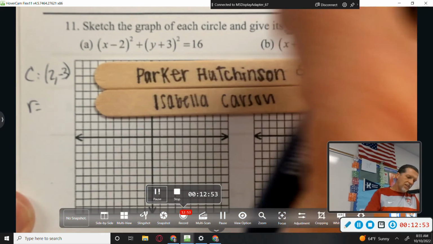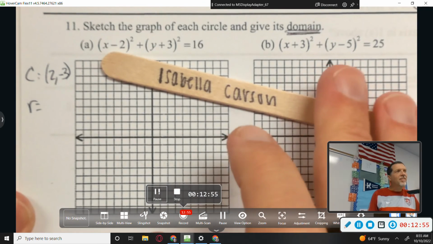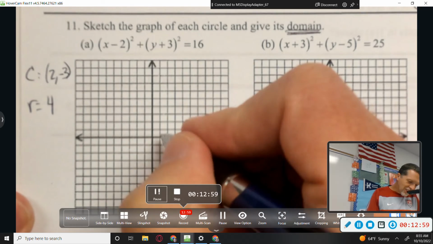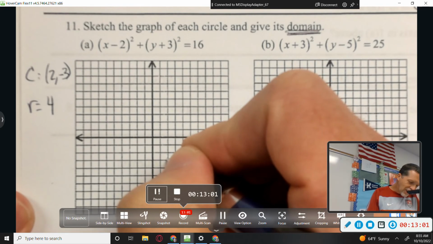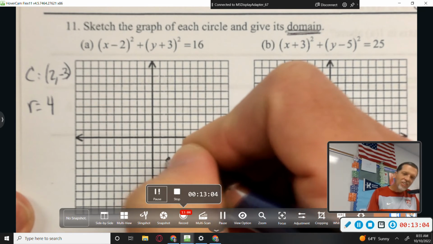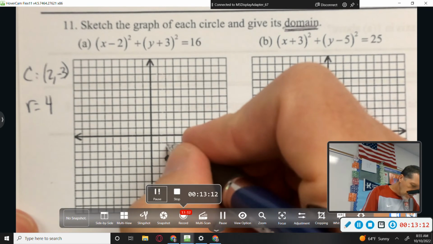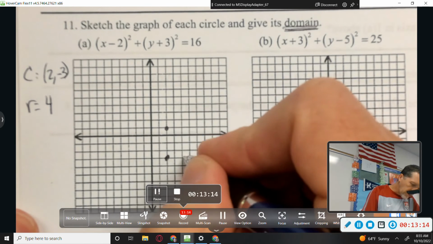Yes. And Isabella, how about the radius? 4, yes. So we'll go to 2, -3 for the center. And then we'll just go 4 in each of the main directions, up, down, left, and right. 4 away from the center.